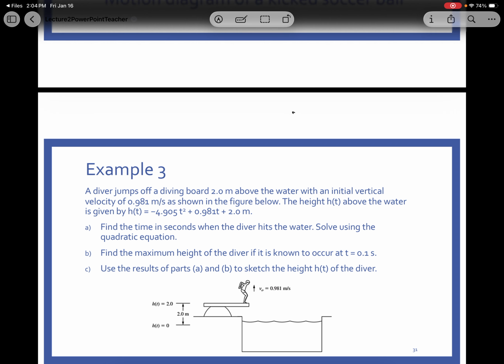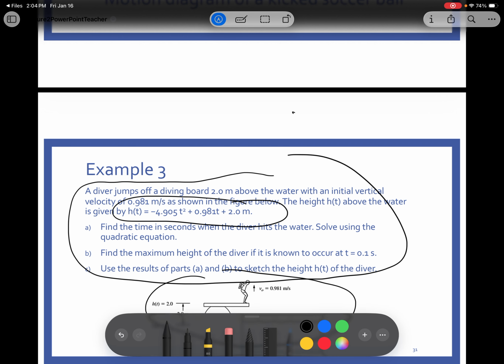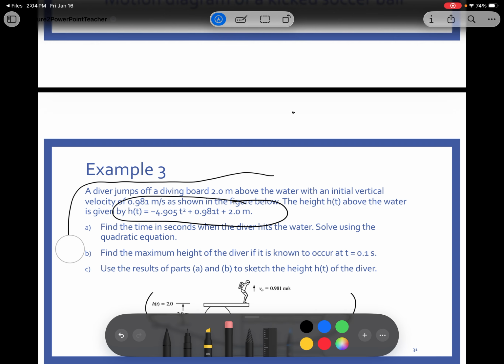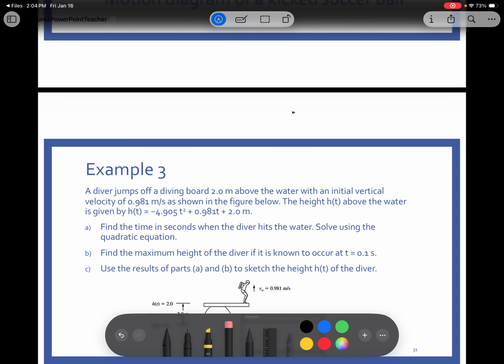So again, in this class, you'll be given the problem statement, a sketch of how to sketch it, and then the equation. In your later classes, you will learn how to take the word problems, create your diagram, and then figure out which mathematical equation to use to come up with the desired results.